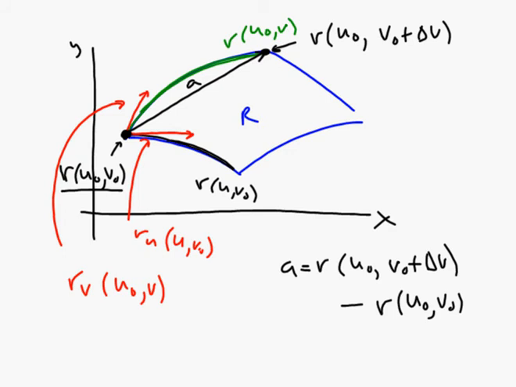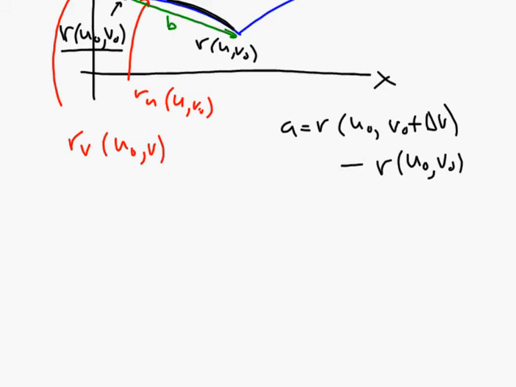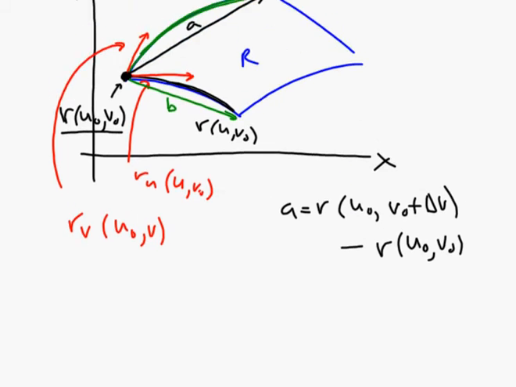We're going to do a similar story down here, so I don't lose track. I'll use green here again. I'm going to call that vector B. And vector B we can find using the same reasoning. We're going to be subtracting R of u0, v0 because it has the same tail, the same starting point. And then we have to get this coordinate.